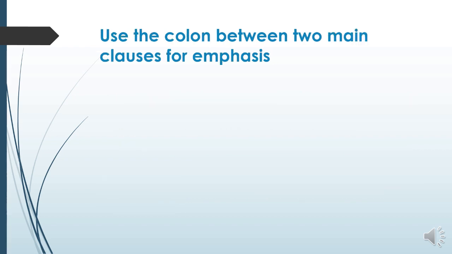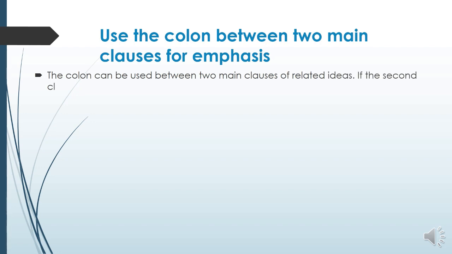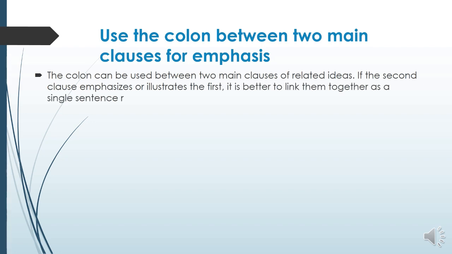Use the colon between two main clauses for emphasis. The colon can be used between two main clauses of related ideas if the second clause emphasizes or illustrates the first. It is better to link them together as a single sentence rather than separating them into two different sentences using the full stop.